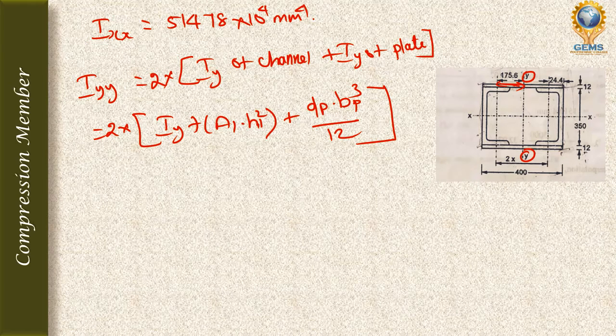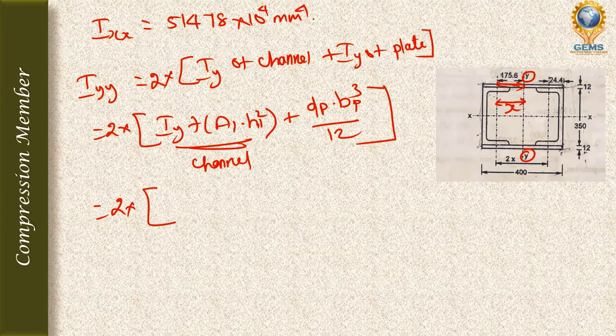This is for the channel section, because in the y axis, from here to here the distance will play the role, not in the plate. It doesn't have any role there. In the x direction the plate plays the role, but in the y direction this distance plays the role.